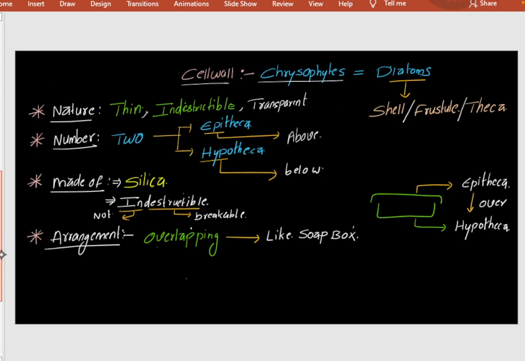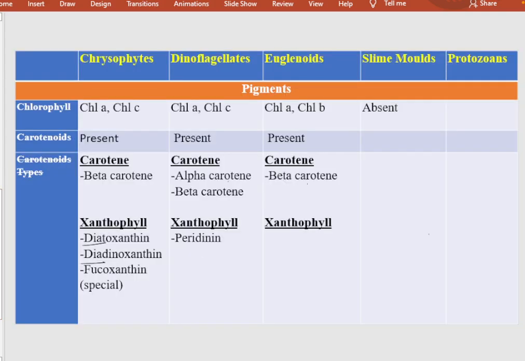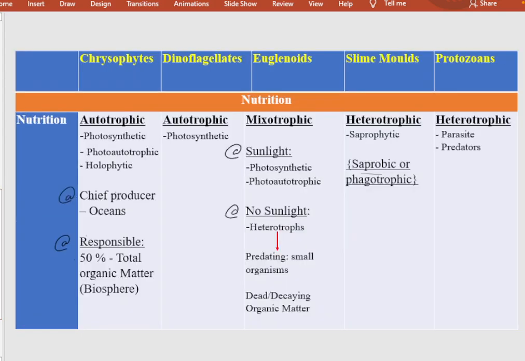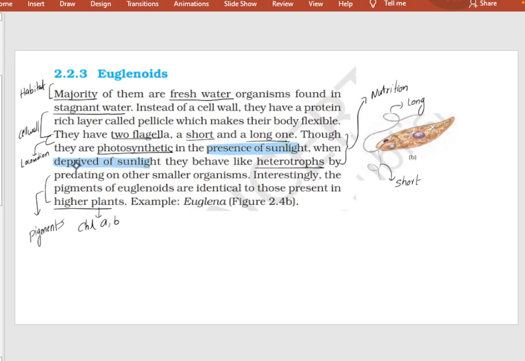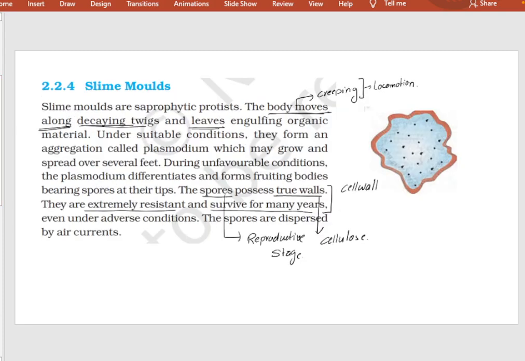Next thing is about what? Chlorophyll. Heterotrophic slime molds. What have they mentioned about slime molds? Euglenoid slime molds, what is mentioned? Of course, saprophytic.